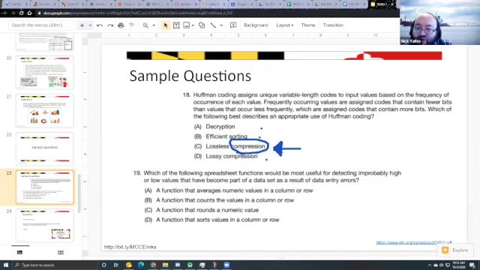And there's nothing in here about why you would lose any information. Because the frequently occurring values just get fewer bits. But everything has a one-to-one correspondence between the encoding and the value that was encoded.